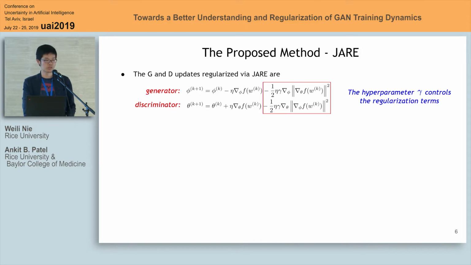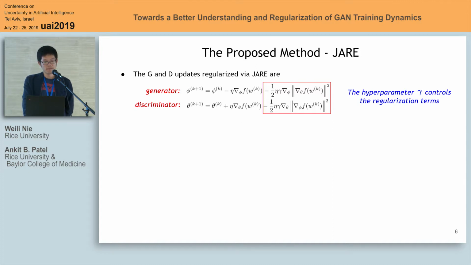So how to improve the GAN training issue? We propose a new regularization method called JARE. In JARE, the generator and discriminator updates are given in these two equations. Basically, we introduce two regularization terms in both the generator and discriminator.